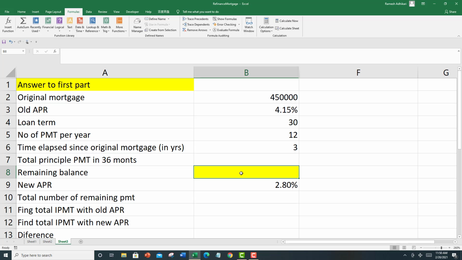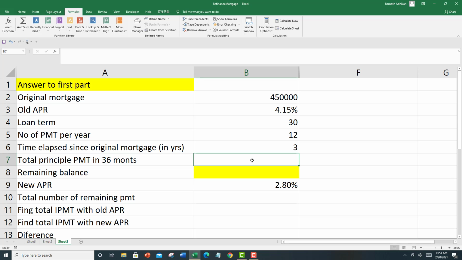The interest payment is mostly the interest on your existing loan, and the principal payment goes and reduces your balance. So in order to find out the remaining balance, you have to find out how much principal did you pay in the past 36 months. That's our first goal. Once we find out how much principal you paid in the past 36 months, you can easily calculate the remaining balance.